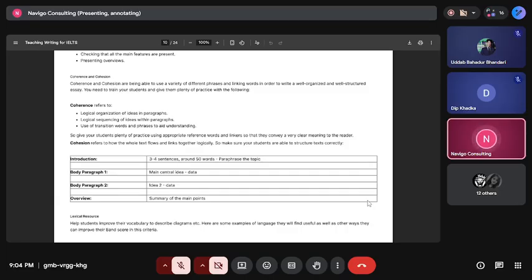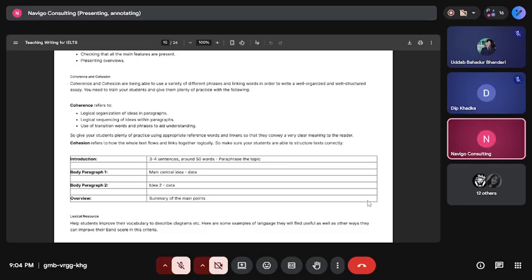And logical coherence refers to logical organization of ideas in paragraphs, logical sequencing of ideas within paragraphs, use of transition words and phrases to aid understanding. And cohesion refers to how the whole text flows and links together logically, right? So use of transition words, linking words, connecting words, these are cohesion.